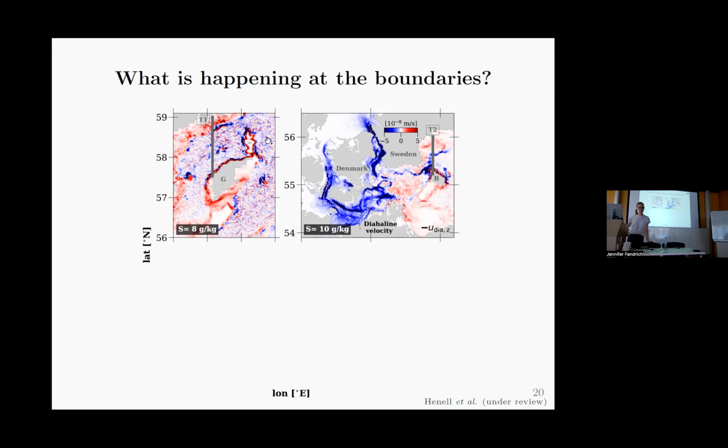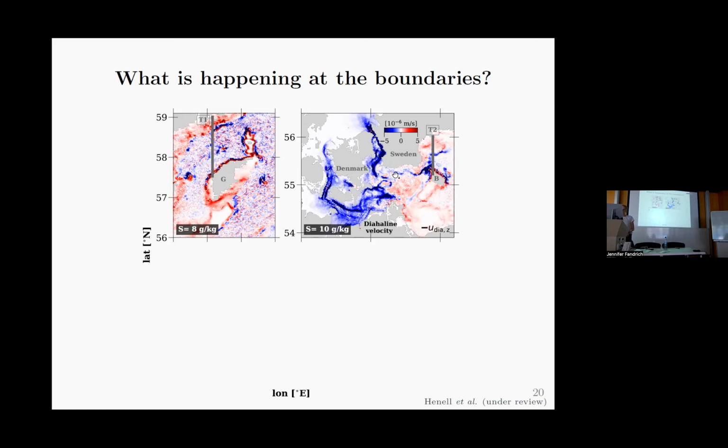But you can see it more easily around the island here to the northeast of Gotland. So we have the same structure again, with the red in the inner band, and then the blue band that goes around it, outside of it. So first incoming close to the topography, and then outgoing velocities outside of it. We can also see this, for instance, here around Bornholm Island, the same feature.